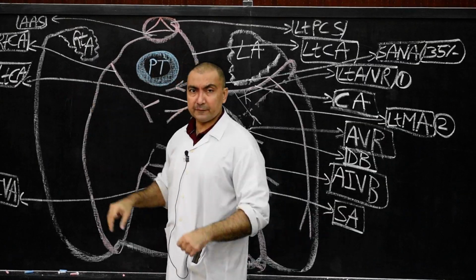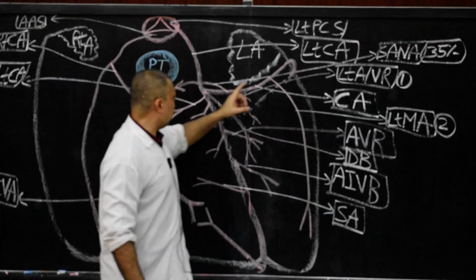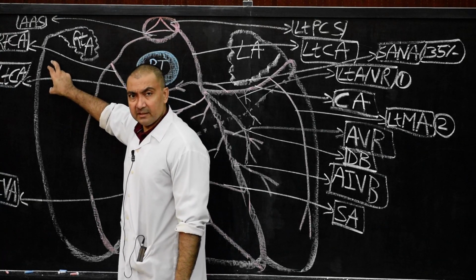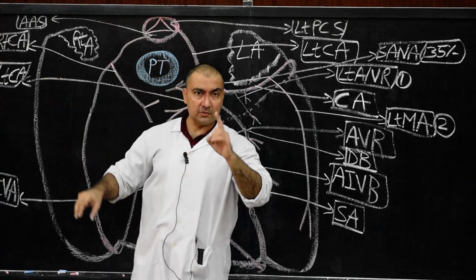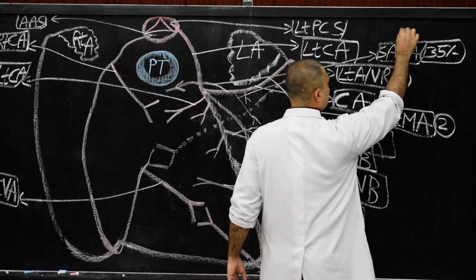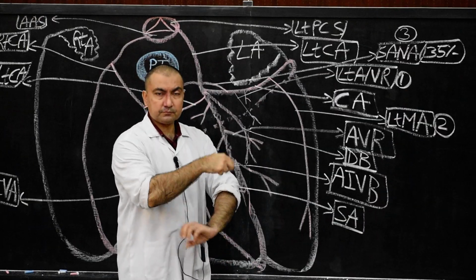And in the remaining 35% of cases, the sinoatrial node, which is located here, will be supplied by the sinoatrial nodal artery of the circumflex branch. So this is branch number 3 of the circumflex artery.